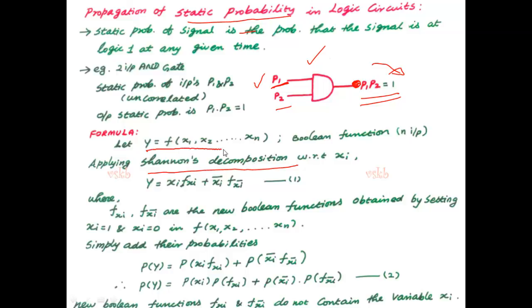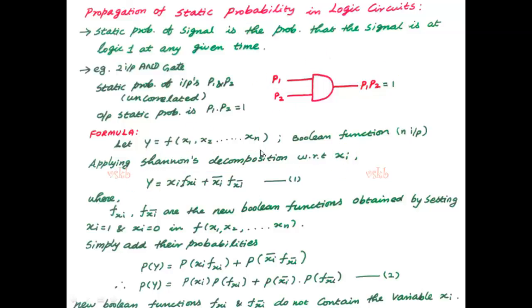We will consider a function y equal to f, a Boolean function of so many variables x1, x2, up to xn. Out of this, I consider for our understanding only xi. I now find out what the effect of the xi bit is on y.